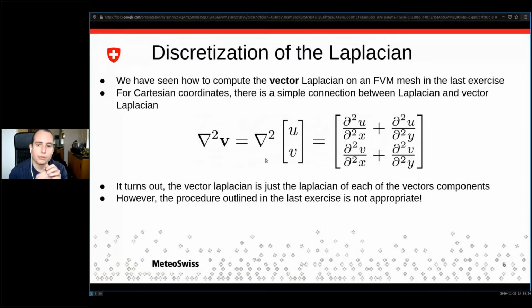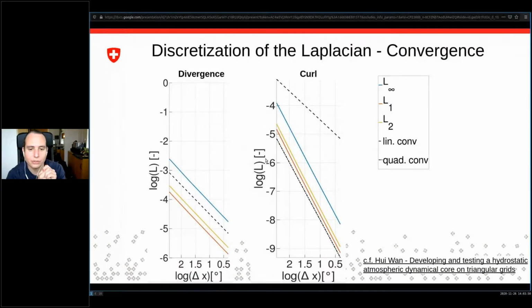And why? Well, here is something which we didn't talk about so far, and we will only briefly touch upon: how accurate is the stuff we are doing. For example, one thing which you may have noticed in the last exercise is that the error for the curl was way smaller than the error for the divergence. This is because the curl formulation that we are using has quadratic convergence, and the formulation for the divergence we are using has only linear convergence.